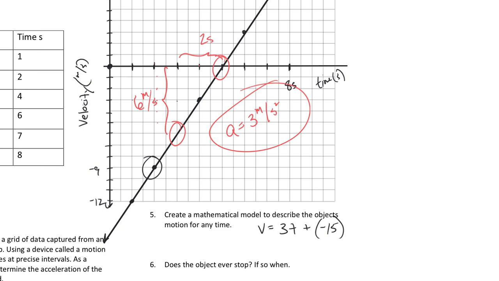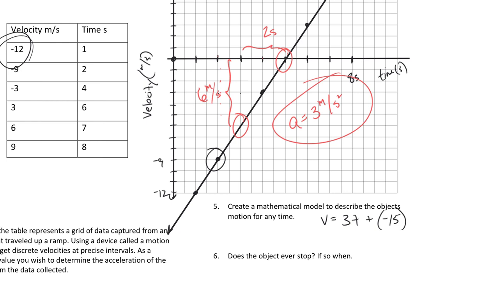So I could say, well, I have a data point here. And that data point is a velocity of 6 at a time of 3 seconds.